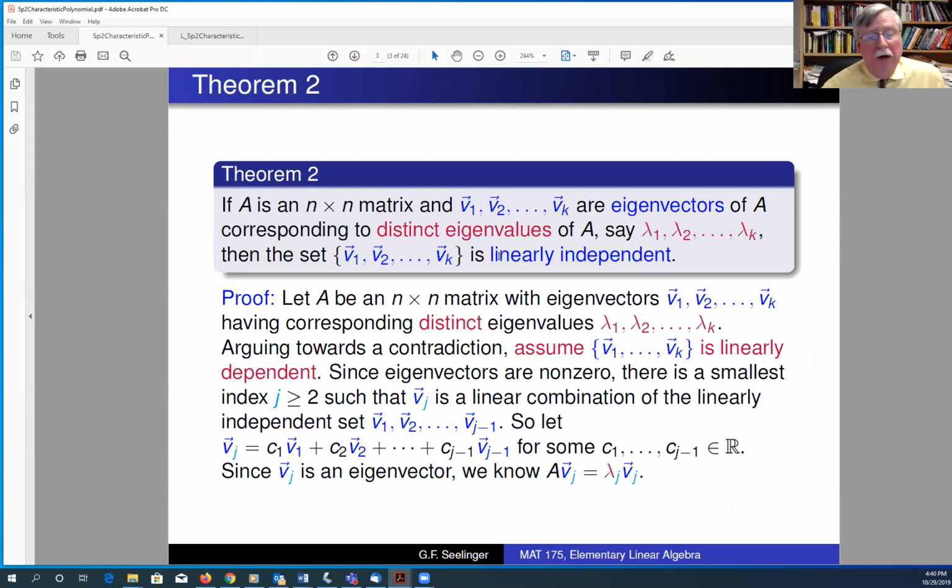This is one of the things we need for a basis, because the basis needs to be linearly independent and generate. But this gives us linear independence for free if we've got different eigenvalues. So we had gone through the proof of this on Monday.